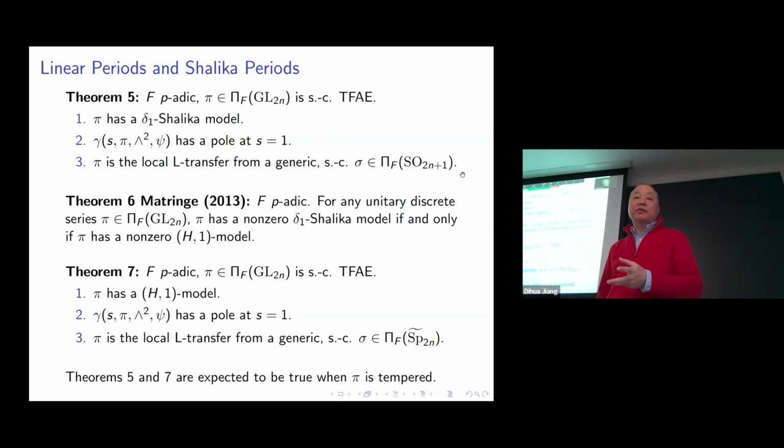We can prove it for supercuspidal; it's relatively easy, but for discrete series it's a little bit more work. I think we expect this is true for tempered, but it's not proved yet. According to the conjecture, probably they expect this should be true for tempered.